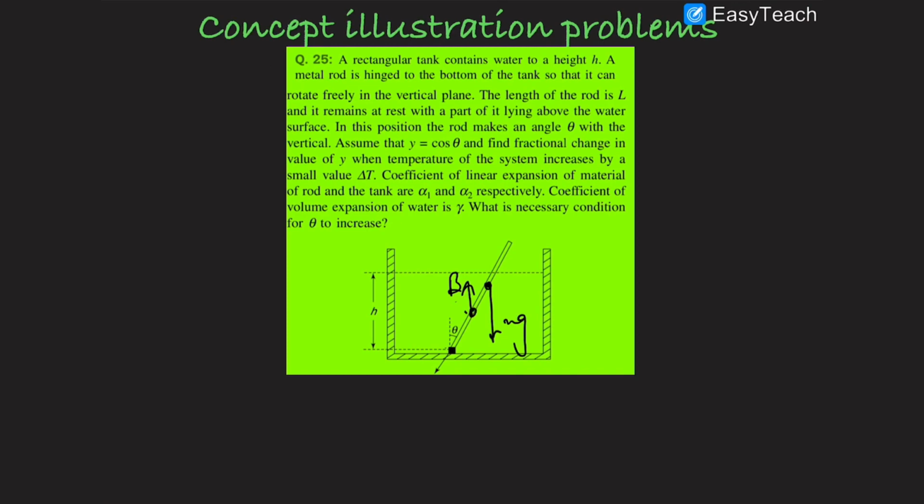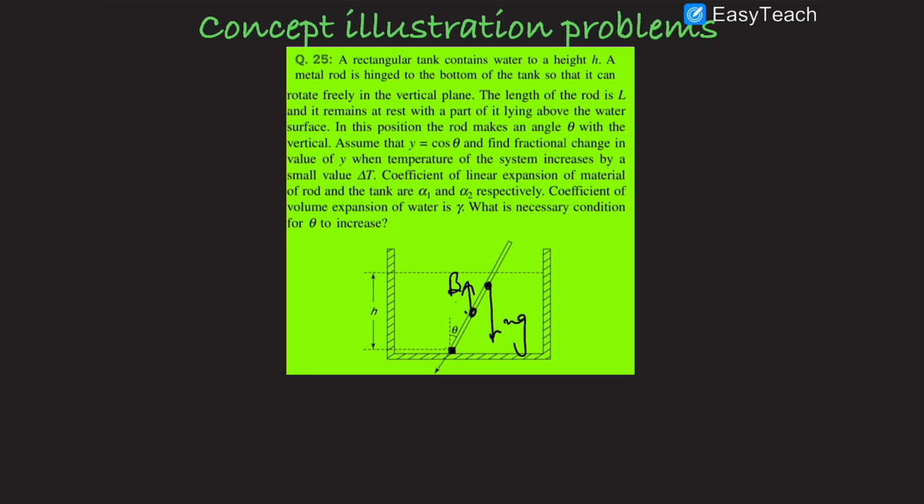In this question, you can see that there is a rectangular tank that contains water up to height h, and there is a metal rod that is hinged to the bottom of the tank so that it can rotate freely in the vertical plane. Now the total length of the rod is L, and it remains at rest with some part of it lying above the water and some part below the water.